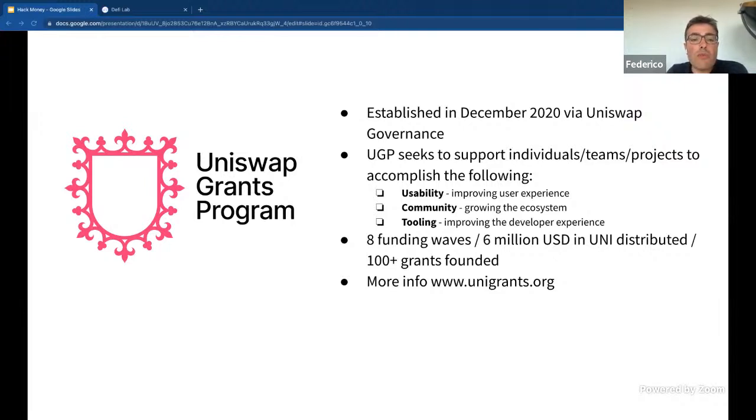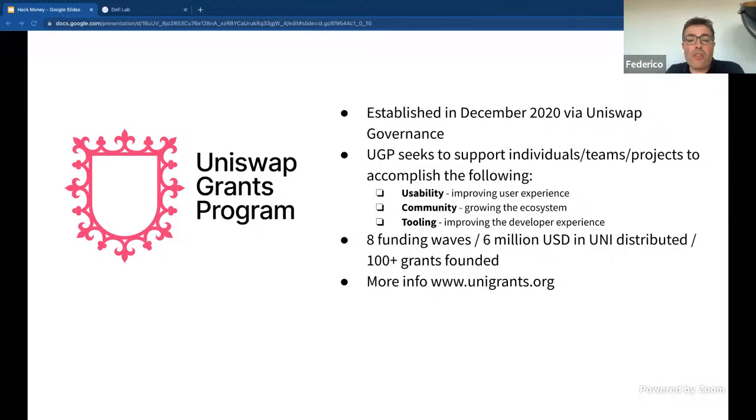In December 2020, Uniswap governance voted to approve the creation of the Uniswap Grants Program. The goal of UGP is to support the growth of the Uniswap ecosystem, funding teams working to improve governance, usability, tooling, and community.